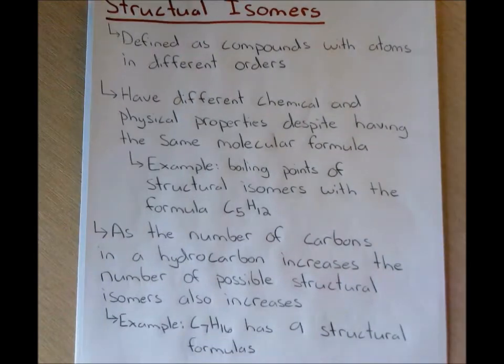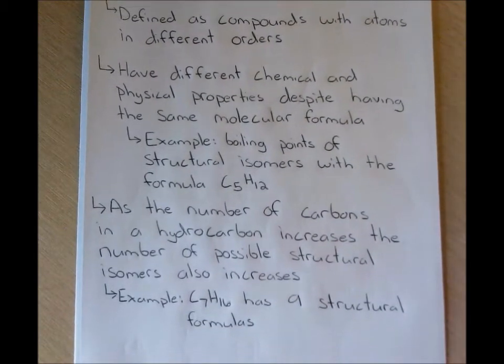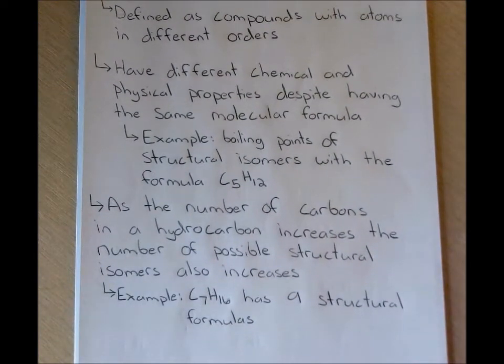And again, just to emphasize how expansive this can get, the molecular formula C20H42 has 316,319 different structural isomers.